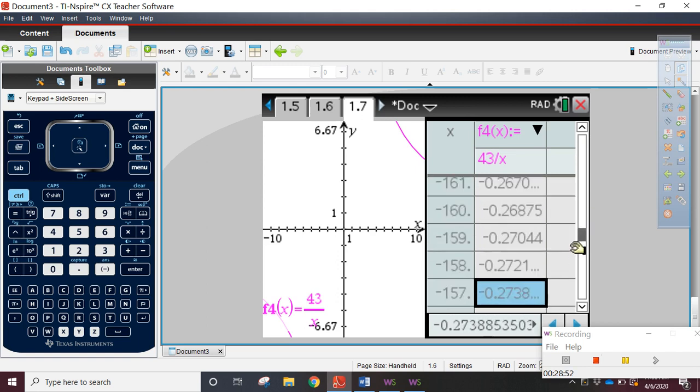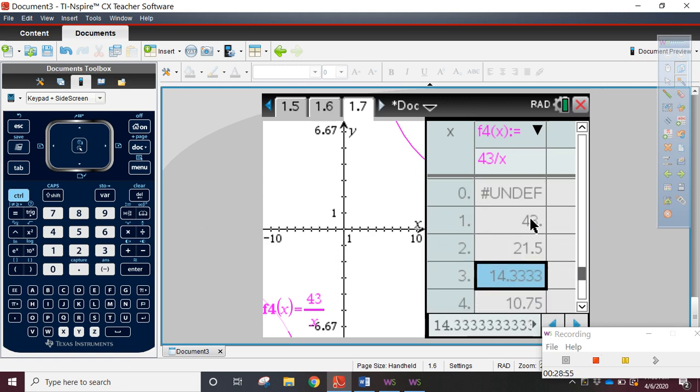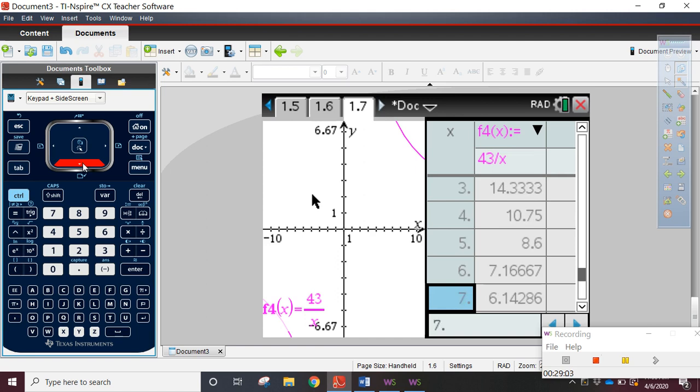It's not divisible by 2, not divisible by 3, nor by 4. You could keep going and going, and you could see that none of the other numbers are divisible, all the way down to 43. That makes 43 a prime number because it's only divisible by 1 and the number itself.